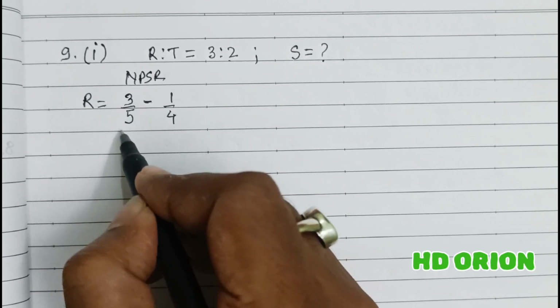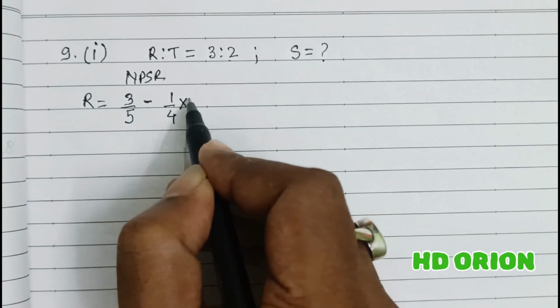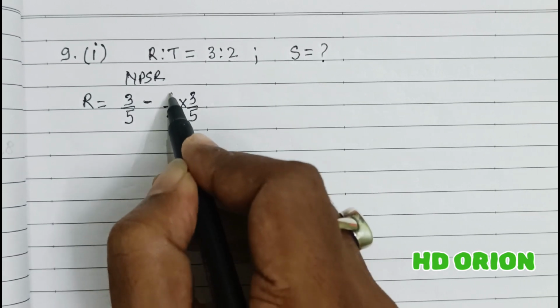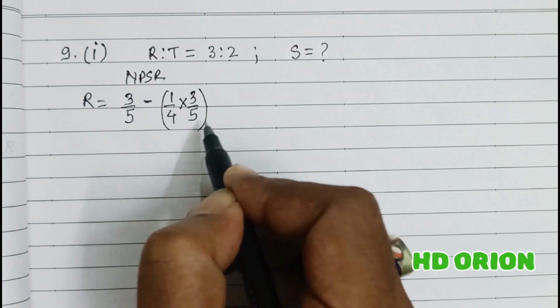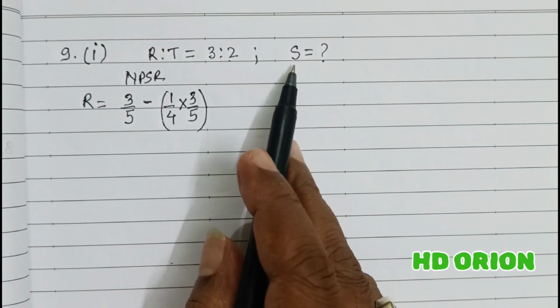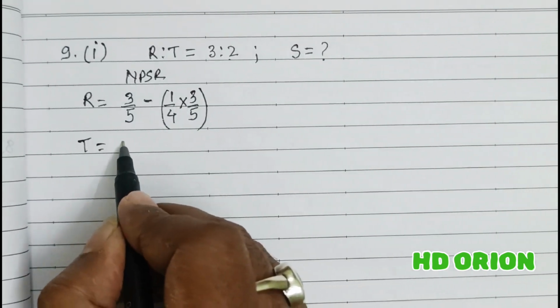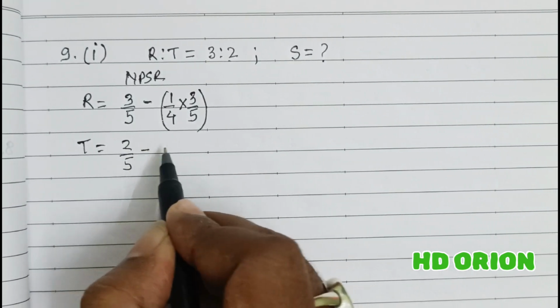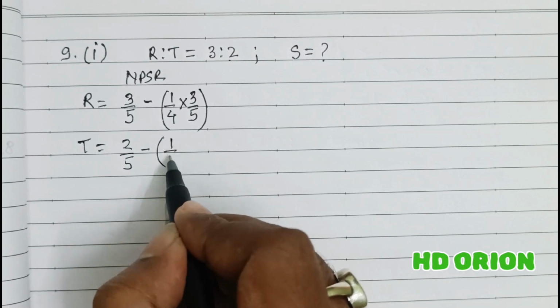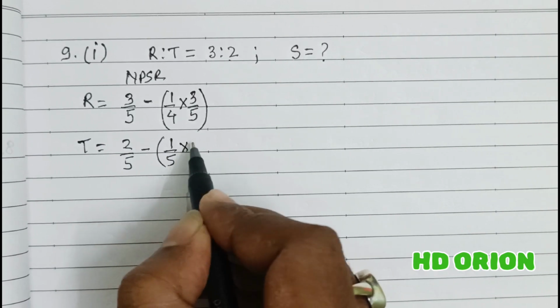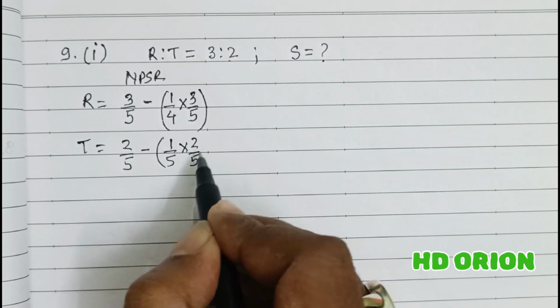share. So R is surrendering 1/4 of his profit, not of the total profit. So what is his profit? It is 3/5. So this much R has sacrificed for new partner S. Similarly for T, T is already getting 2/5 and T is sacrificing 1/5 of his share.